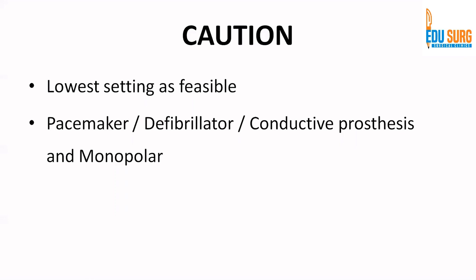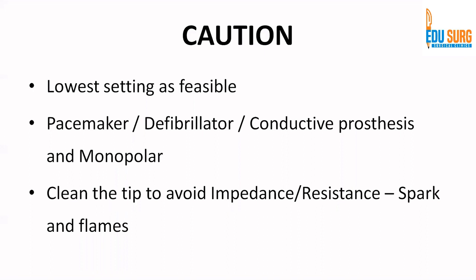And that is why monopolar electrosurgery use needs to be minimized when these devices are present, because the current that passes through the tissues can lead to harmful effects. An important point while using monopolar and bipolar electrosurgery is to clean the tip to avoid eschar formation. Because when the eschar accumulates on the tip of the electrosurgery instrument, it increases the resistance to current and it can lead to spark and flames.